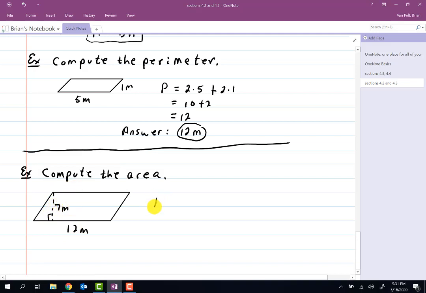So the area is 12m times, well, as I said before, I'm not going to include the units while I'm doing the multiplication. I'll put those units in after the fact. So I have 12 times 7, which equals 84. So our answer is 84 meters squared.